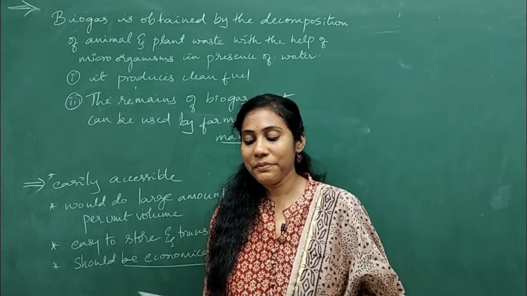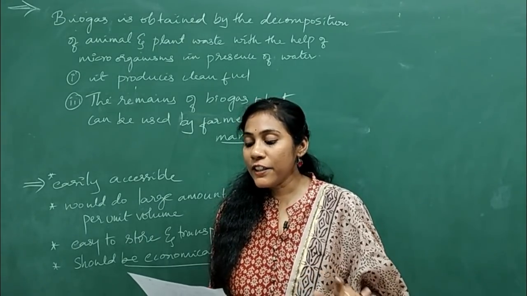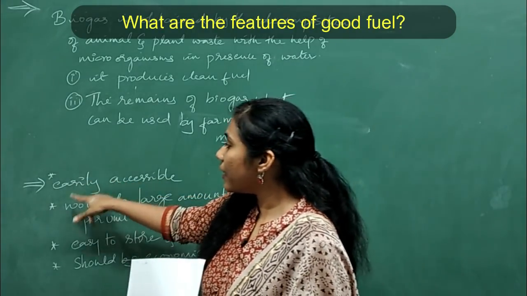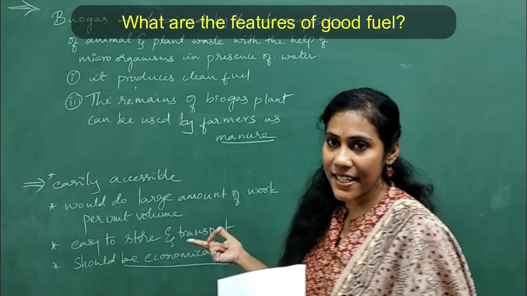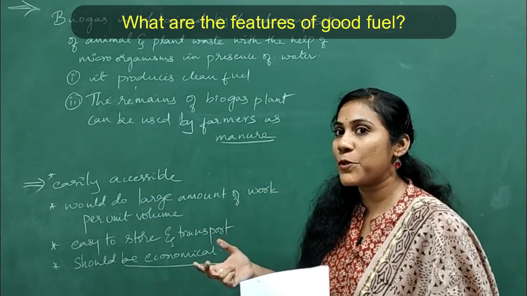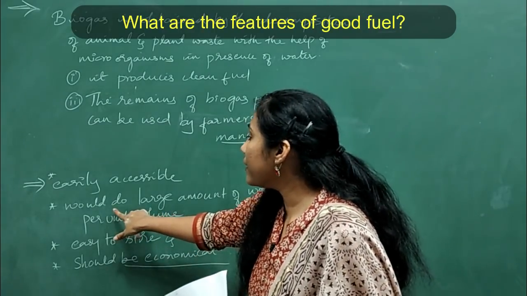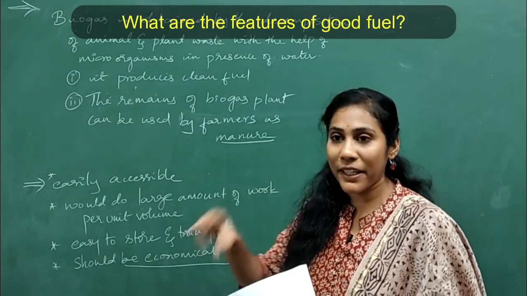Clear? Fine. And the next important question, what are the features of a good fuel? Right? See, I have mentioned here the 4 points. You can observe them. It has to be easily accessible. That means the fuel has to be available easily for use. And the fuel must be able to do a large amount of work per unit volume.